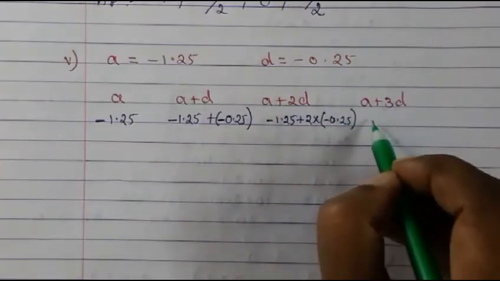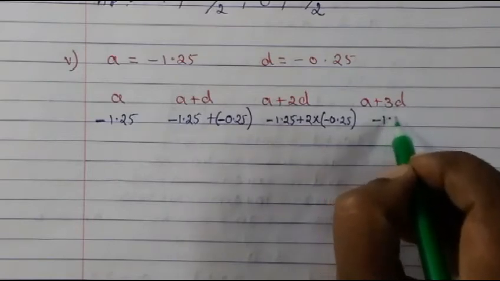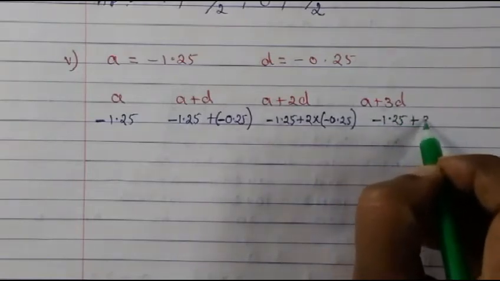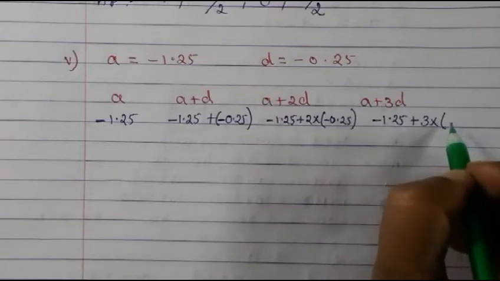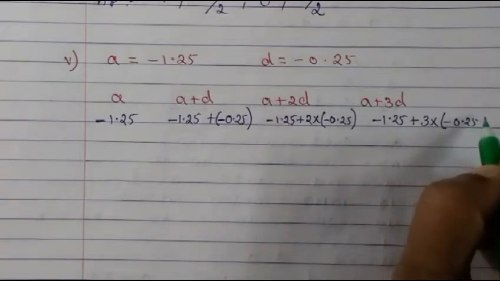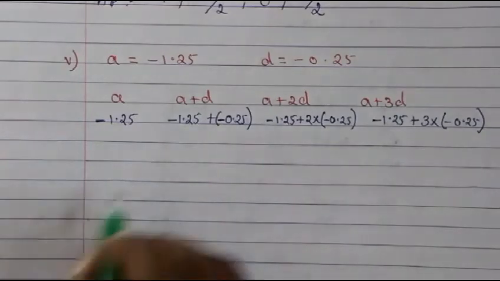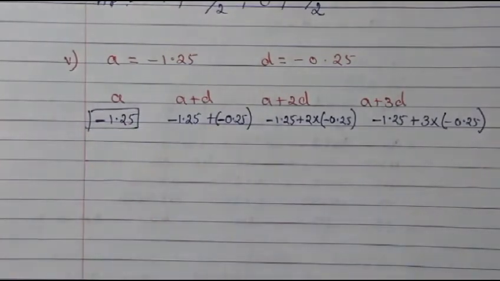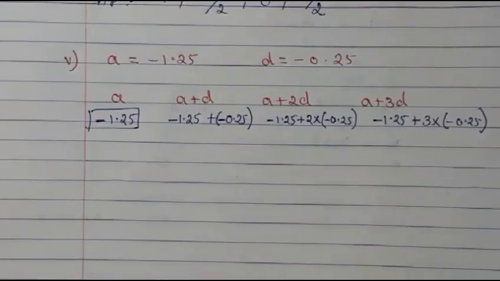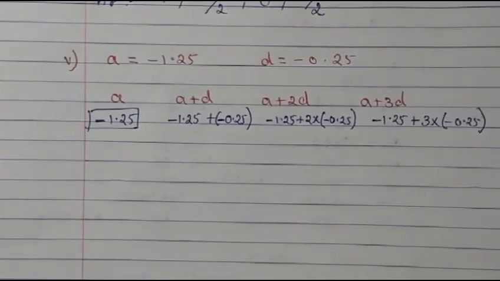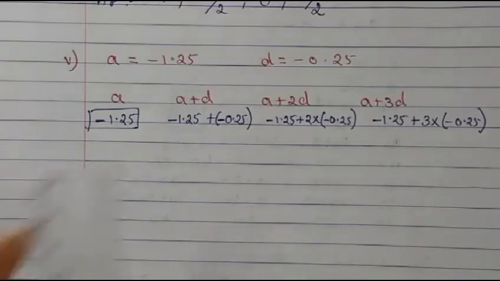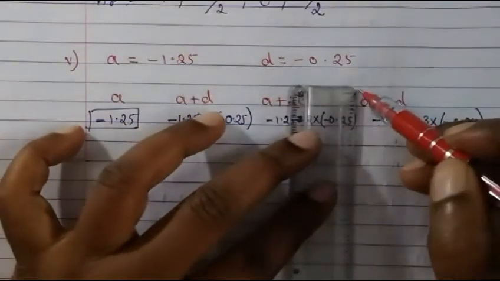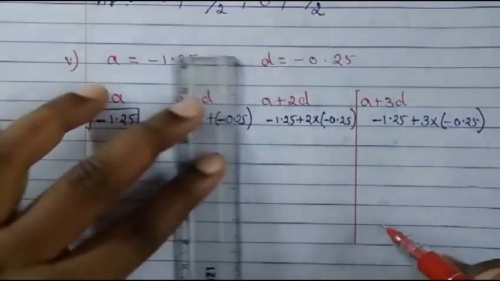So here A is minus 1.25 plus 3 into D is minus 0.25. So now let's calculate here. This remains the same. So now here let me put the line there, otherwise you will get confused.